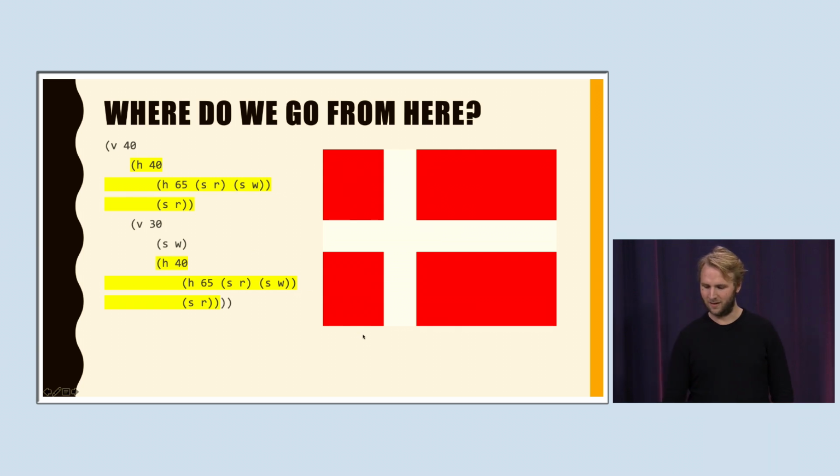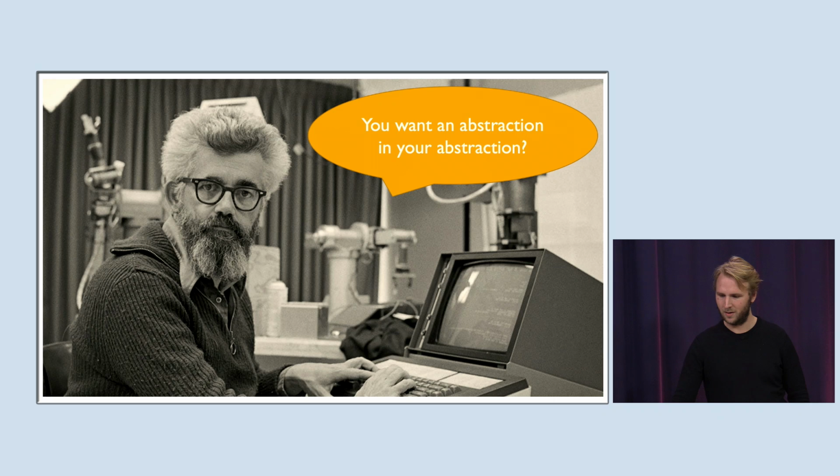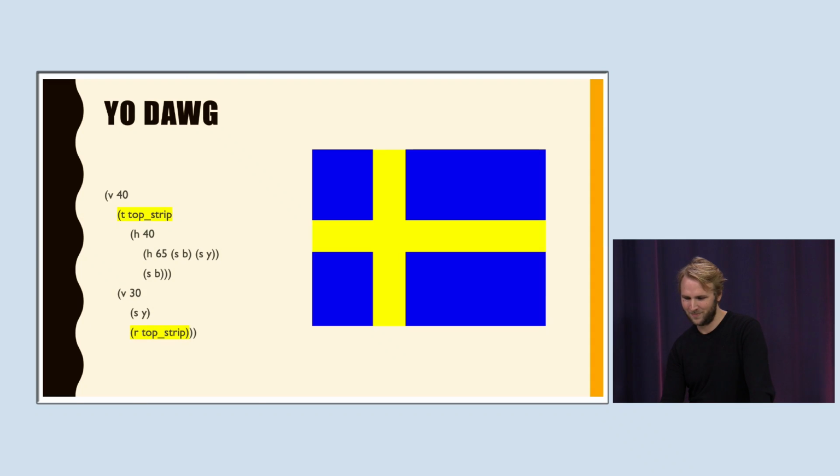Wouldn't it be nice if we could add some type of reference so we can avoid that repetition? Yeah, that's what the DSLs are for, right? So here I've introduced T for tag function and R for reference function, so we can eliminate that repetition.